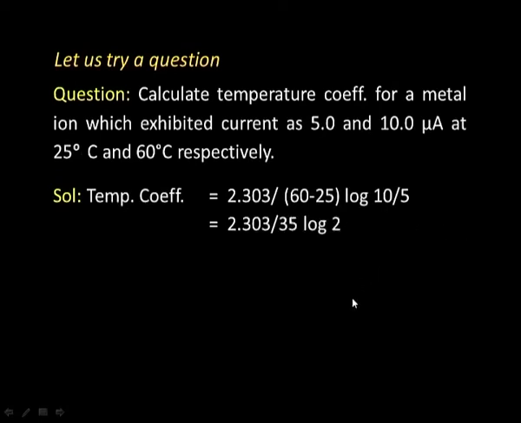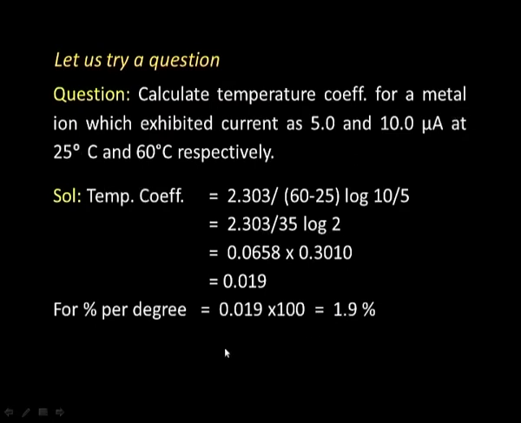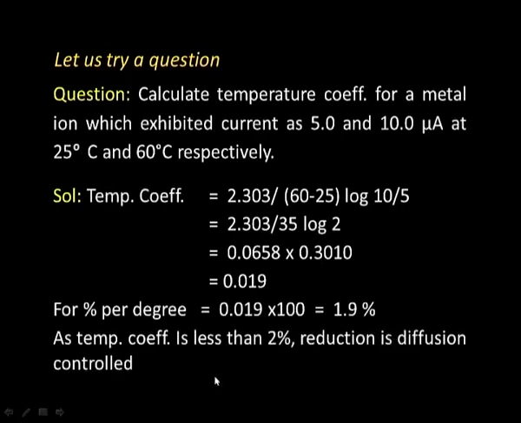This comes as 2.303 by 35 multiplied by log 2 and the result is 0.019, and if we change it to percentage per degree, this comes out as 1.9%. As temperature coefficient is less than 2%, we can conclude that reduction is diffusion controlled.